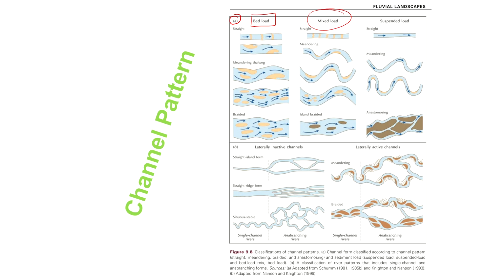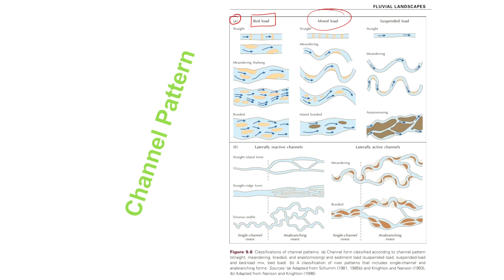A, channel form classified according to channel pattern: straight, meandering, braided, and anastomosing. So we have these. And for the sediment load, you are having suspended load, then suspended load and bed load mix, that is your mixed bed load, and then you have clearly bed load.